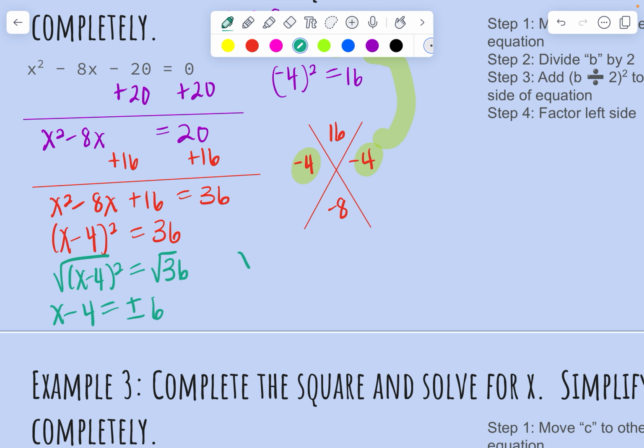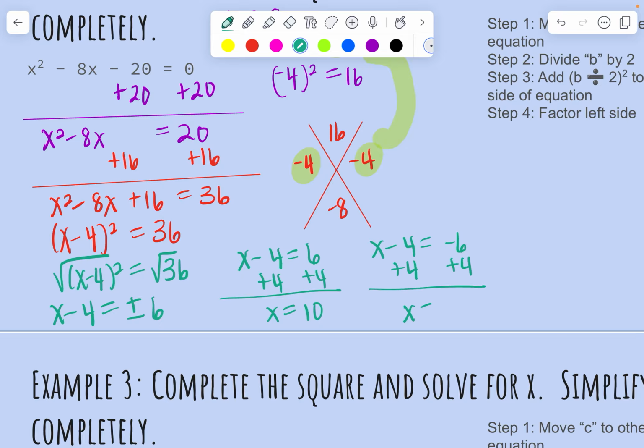So finishing this off, x take away 4 is 6, and x take away 4 is negative 6. So adding 4, we get x equals 10. Adding 4, we get x equals negative 2.